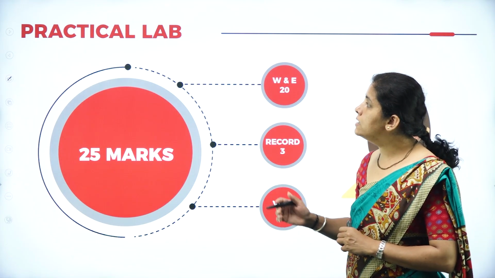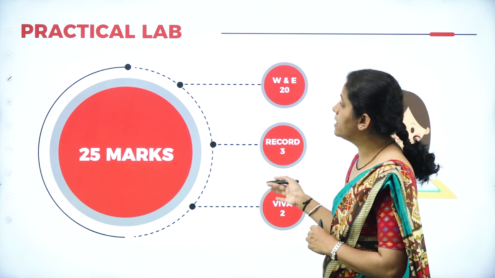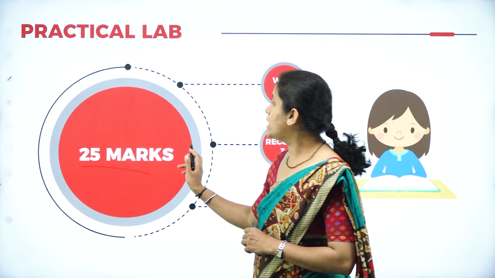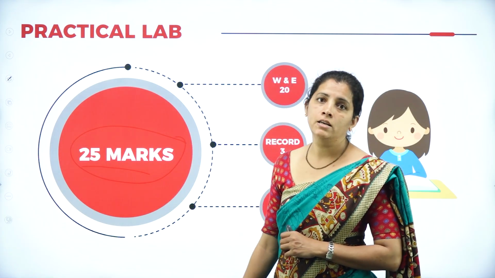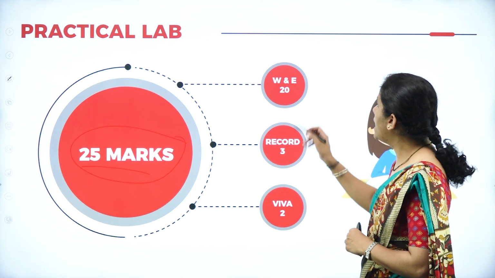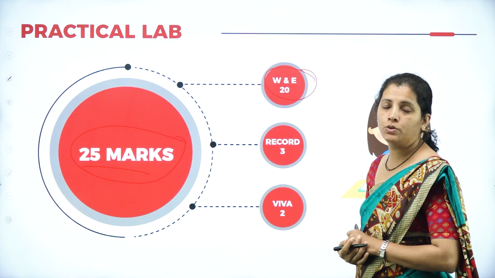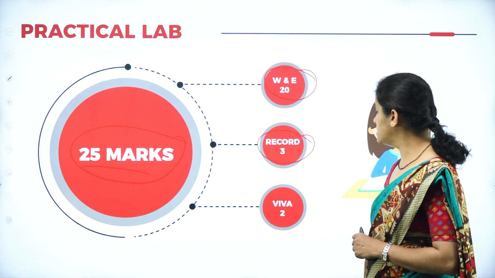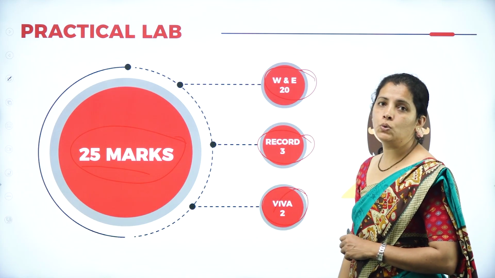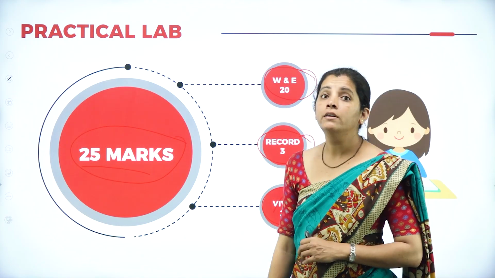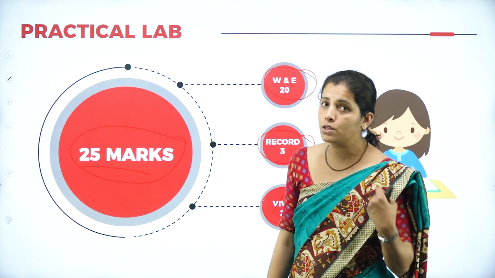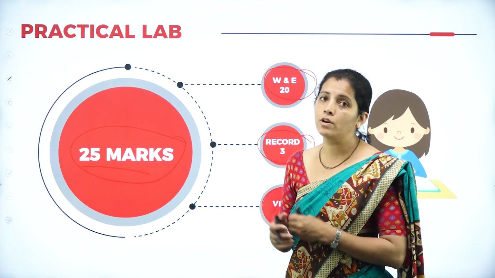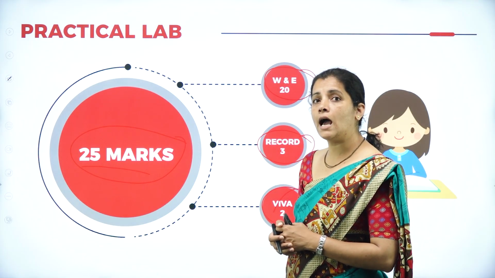In the practical marks, 25 marks are awarded: writing and execution carries 20 marks, record writing carries 3 marks, and viva carries 2 marks. So dear student, it is very important to focus on theory as well as practicals, because whatever we study in theory, the same thing we implement in our lab session.